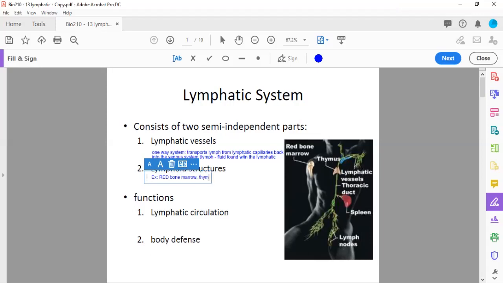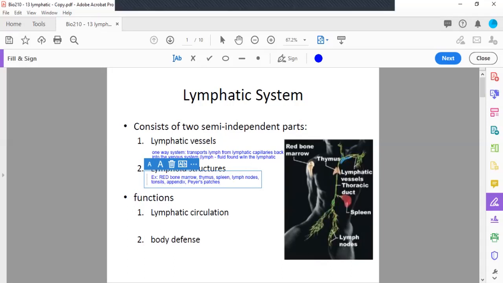We have the thymus, the spleen, the lymph nodes, tonsils, the appendix, and the Peyer's patch, just to name a few. There are more than these, and we'll come back to them later.